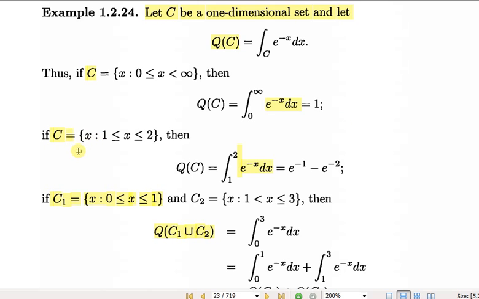And if we use this other border, we will find e exponent minus 1 minus e exponent minus 2.